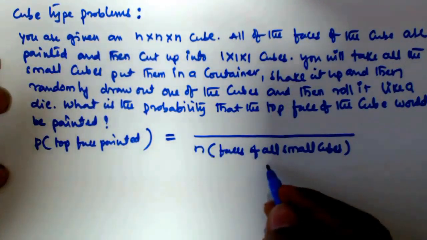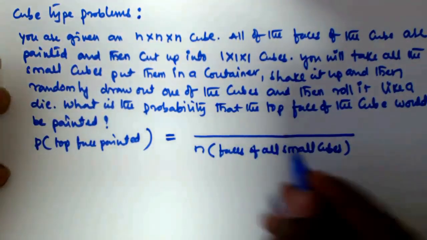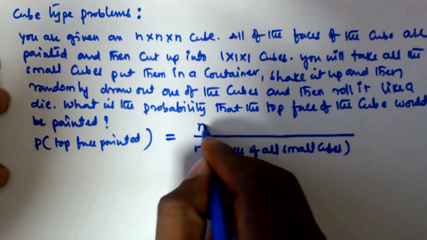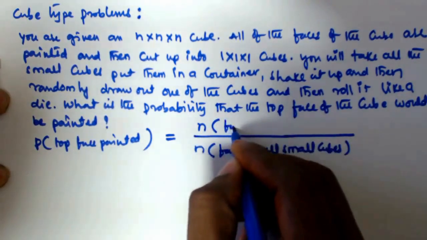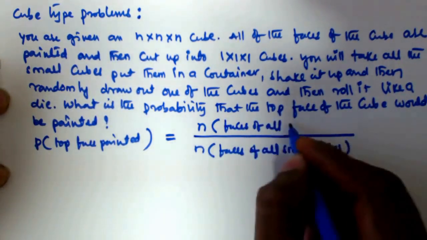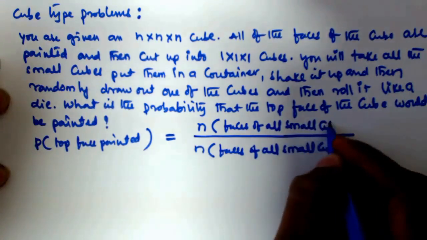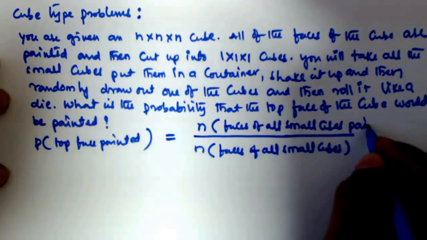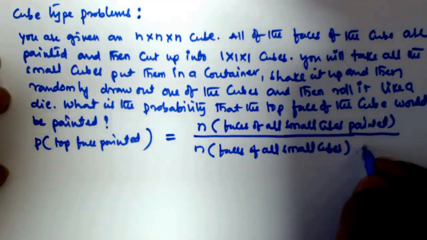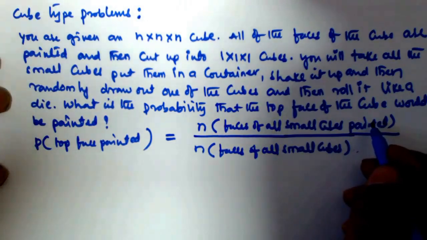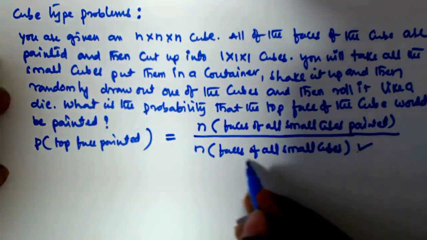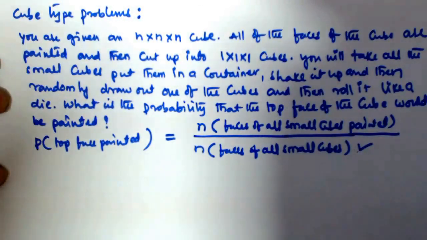And then the probability we have to find is for painted, so we have to find the number of faces of all small cubes painted. The denominator consists of painted plus non-painted faces, and the numerator consists of only the painted faces of the small cubes. So first we will find the total number of faces of small cubes painted.